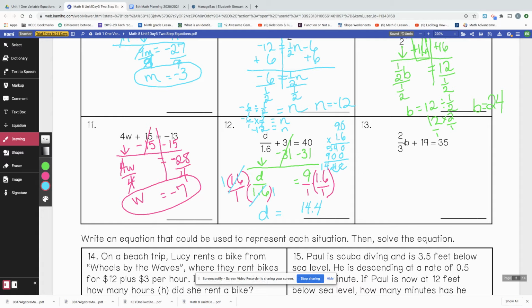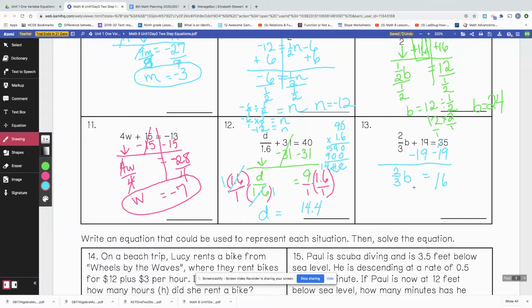Number 13. Subtract 19 from both sides. Additive inverse with subtraction. 2/3 times B is equal to 16. Then I want to divide.